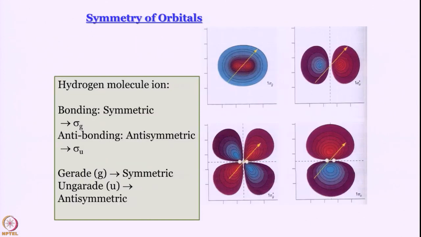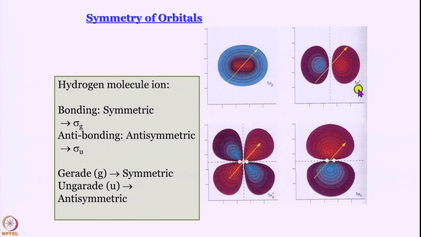Another thing that we would better remember is the symmetries of the orbitals. If it is symmetric with respect to inversion, we call it gerade, we use a subscript g. If it is antisymmetric, then we use ungerade, u, and usually for antibonding orbitals we use the superscript star. So, for sigma orbitals using s atomic orbitals, that we have studied already, the bonding orbital gives us sigma g.